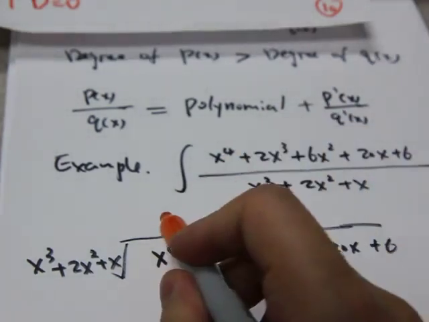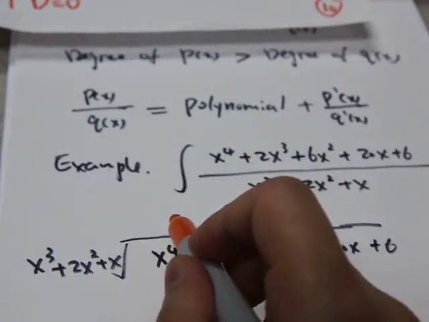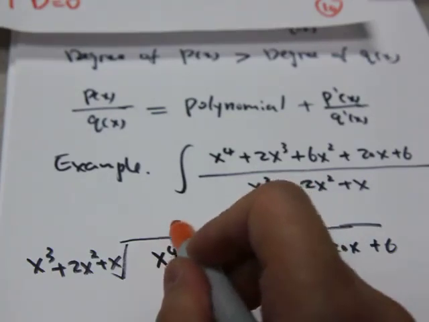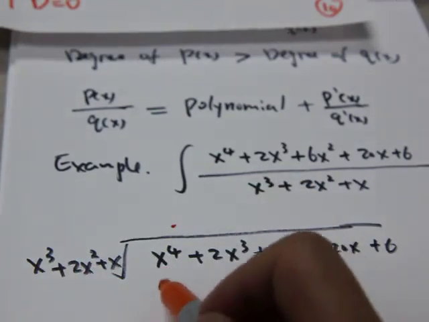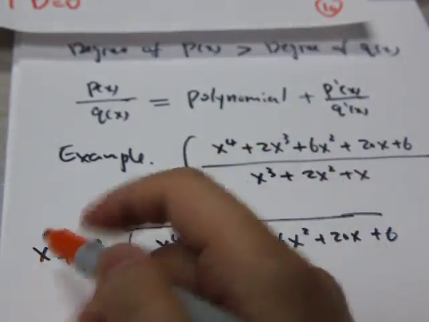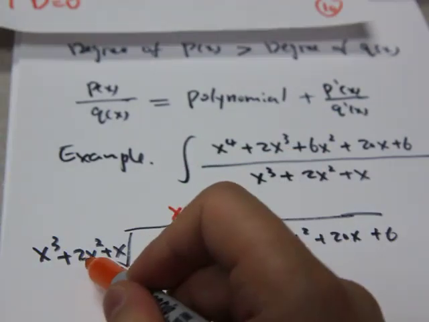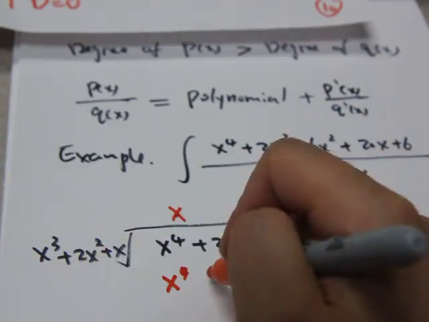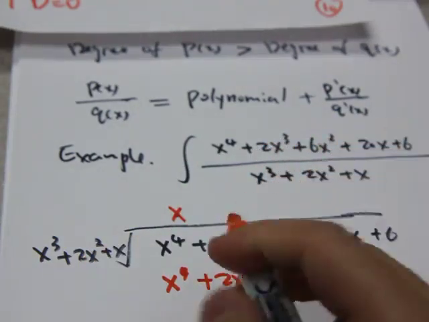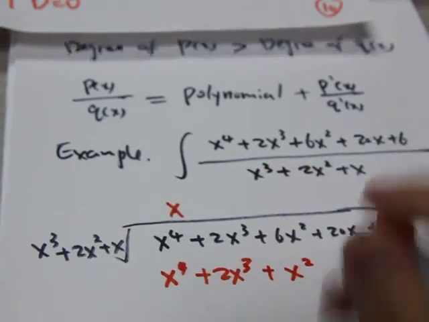So the first term is going to be x. Why? Because when you multiply x by x cubed, you get x to the fourth. So x multiplied by x cubed, we have x to the fourth, and x multiplied by 2x squared, we have 2x cubed. Now x multiplied by x, we have x squared.